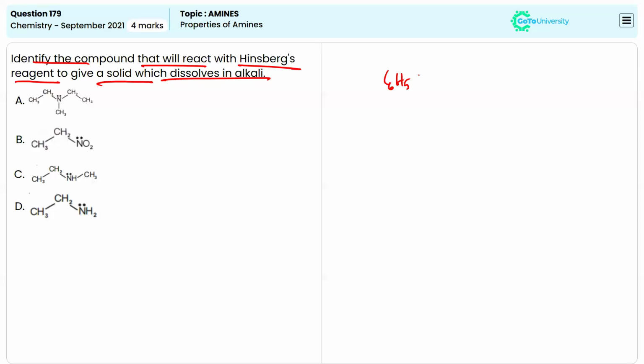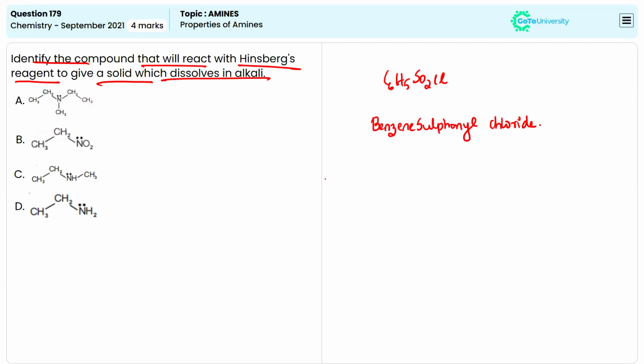Hinsberg reagent is having the formula C6H5SO2Cl, that is benzene sulfonyl chloride.